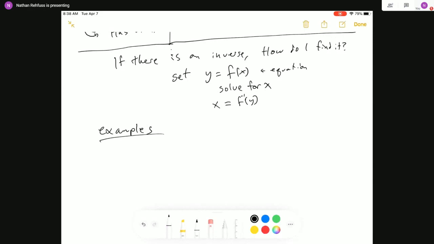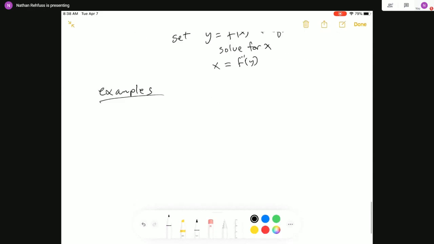I've got 3 examples prepared for you. Here's an easy one to start with. If I said that f of x was equal to 3x plus 2, I could figure out the inverse with the shoes and socks method, since there's only 2 steps to this function.